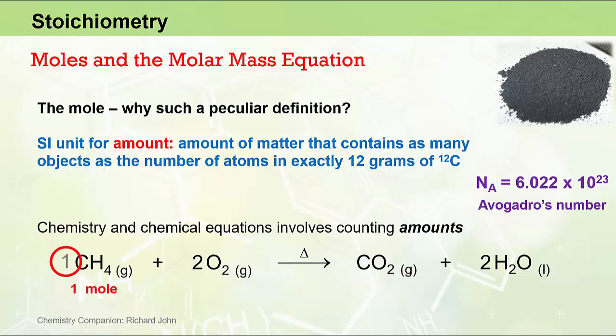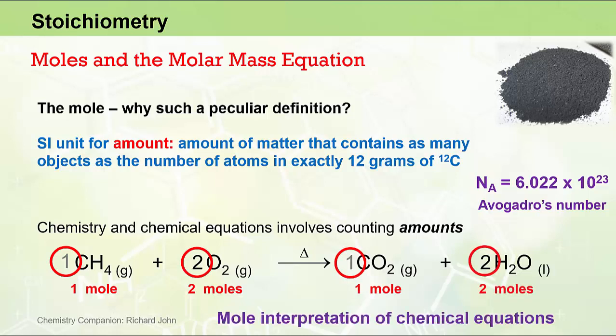So if we were to start with 1 mole of methane molecules, we would require 2 moles of oxygen molecules, and we would produce 1 mole of carbon dioxide molecules and 2 moles of water molecules. And this mole interpretation of chemical equations and their stoichiometric coefficients becomes very important if we want to do something useful in chemistry, like calculating the mass of products produced from a given set of reactants.